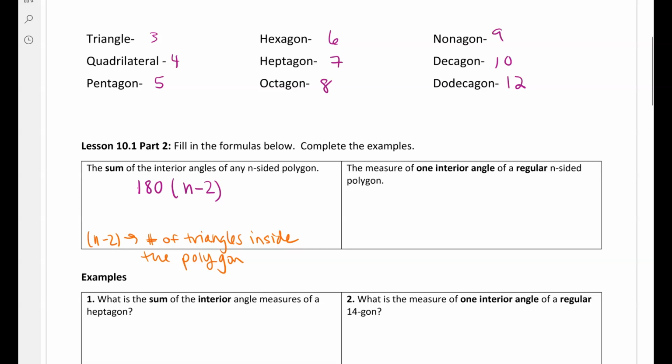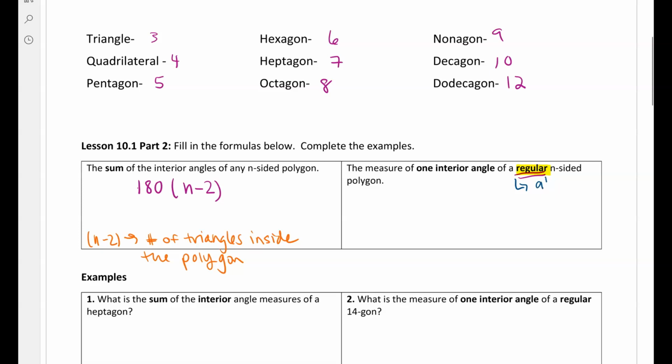We did not really explore the second concept: the measure of one interior angle of a regular n-sided polygon. When we talk about a regular polygon, we mean a polygon that has congruent sides and angles.